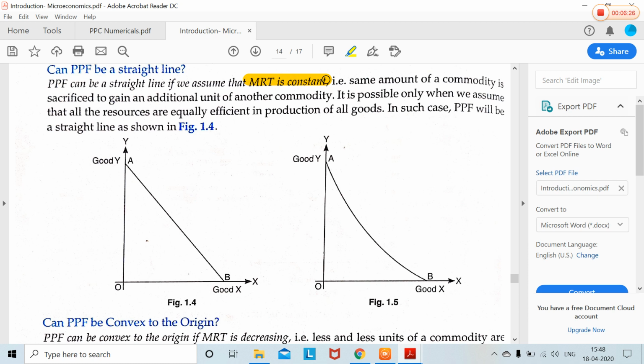For example, if I ask you to score, let us suppose, 80 marks in accountancy, and initially I took two children and I wanted an additional 80 marks in accounts.